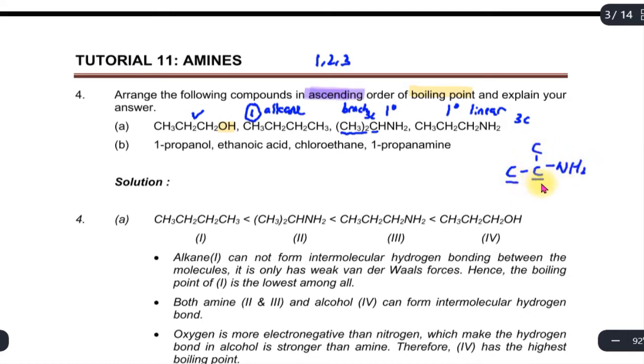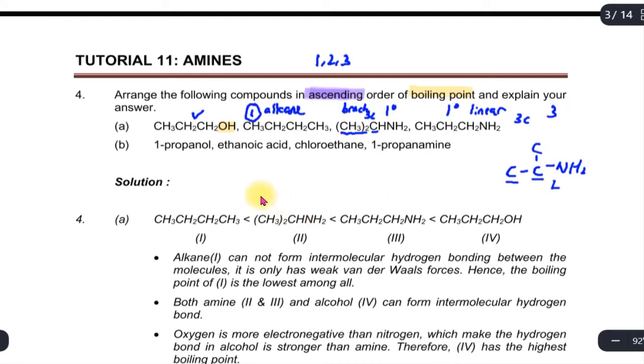So this is 1, 2, 3, 2. This one is 2-propanamine. This one is 1-propanamine. So is this secondary? No, still primary because there is one alkyl group, but this is 2-propanamine and this is 1-propanamine. I consider it a branch, so this one is second, this one is third.